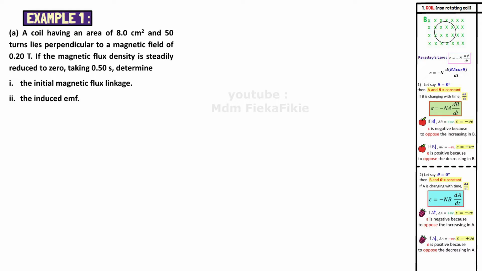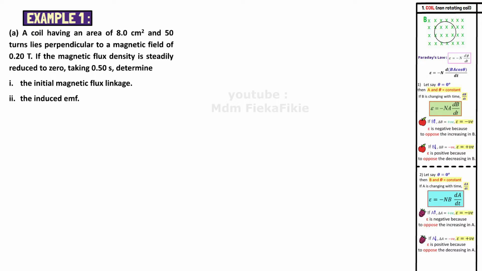If the magnetic flux density is steadily reduced to 0, that means we have a change of magnetic field. Magnetic flux density is the magnetic field, and it says that in 0.5 seconds, the magnetic flux density is reduced to 0. So now, let's determine the initial magnetic flux linkage.